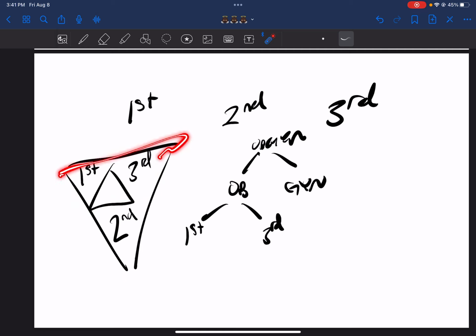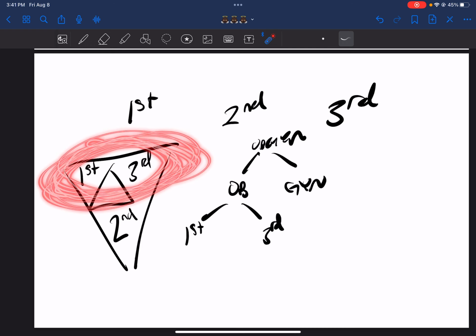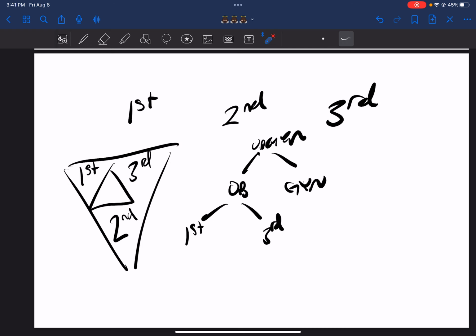So I would draw a triangle, and the bottom part of the triangle I would always have 2 things side by side. They're paired with each other because they're totally opposite. And then the guy on the point of the triangle would always be by himself. He doesn't have a partner to pair against.